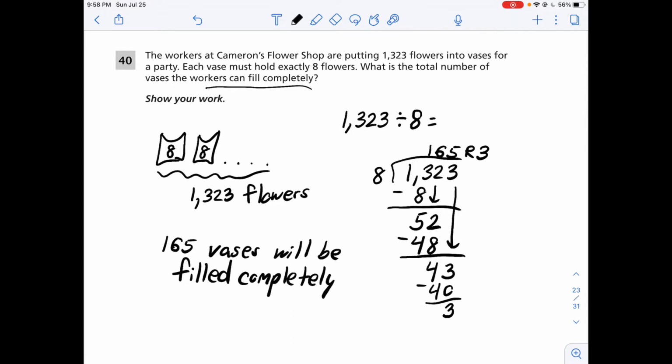Okay. Again, so that means there was 165 vases. Those 165 vases will each have 8 flowers in it, and the 166th vase will only have the 3 remaining flowers. The question, though, is asking, what is the total number of vases the workers can fill completely? So 165 will be filled completely.